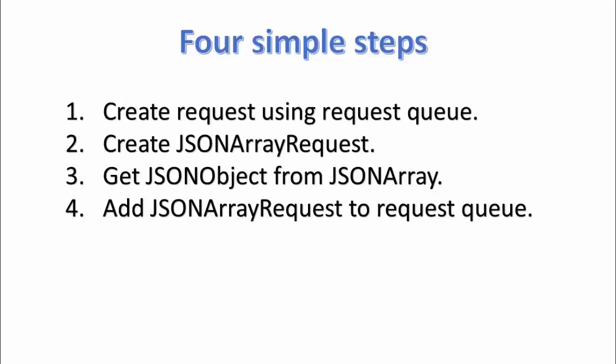And the third one is, after getting the JSON array, we have to convert the JSON array into JSON objects. And at last, we have to add the JSON array request to our request queue, which we created in step number 1. Okay, let's jump into coding.